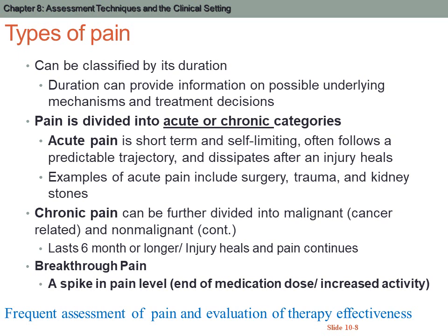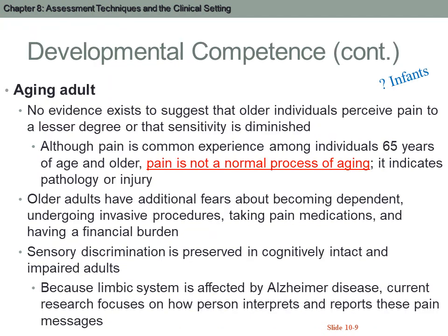Now, to assess pain, we have to do frequent assessment of the patient's pain. And again, pain is what the patient states that it is. Now, for the older adult, do you think that they experience pain like anyone else?